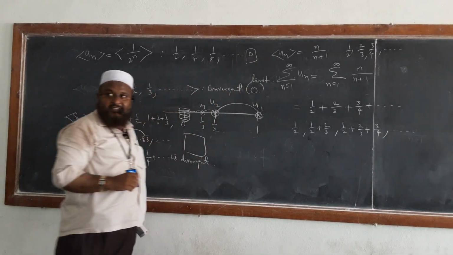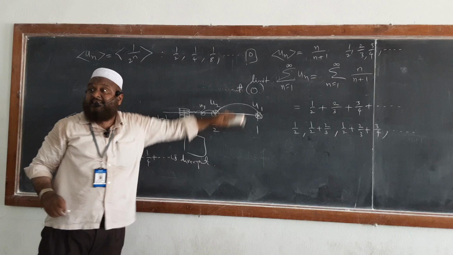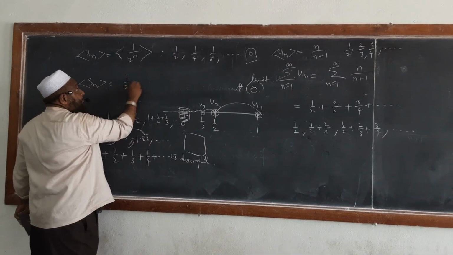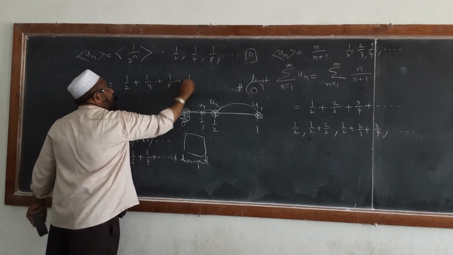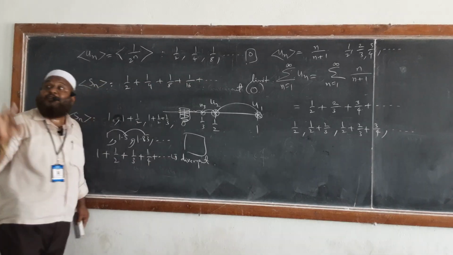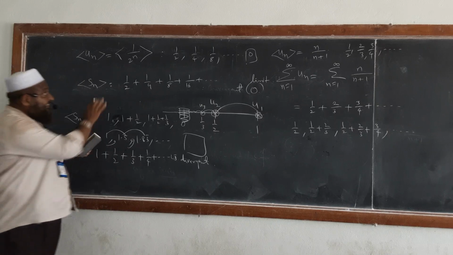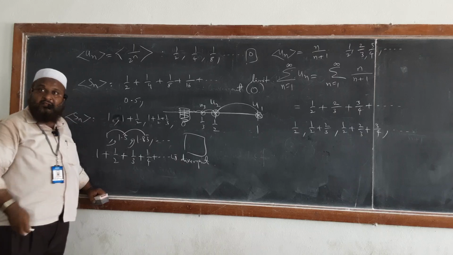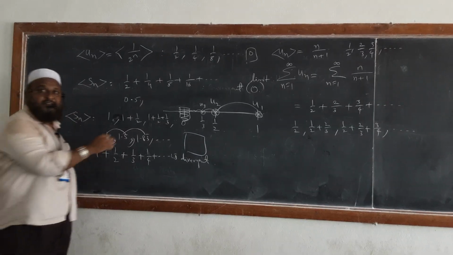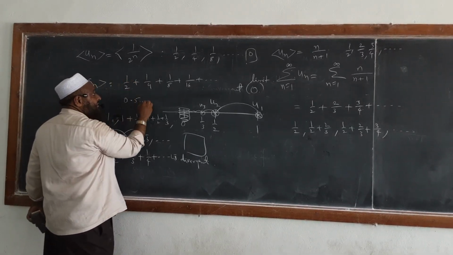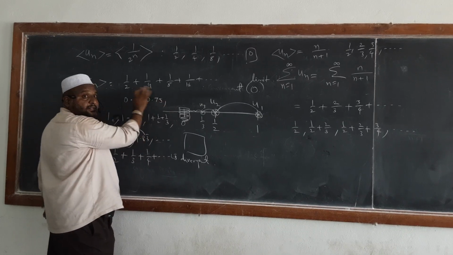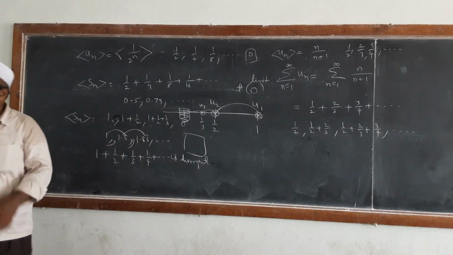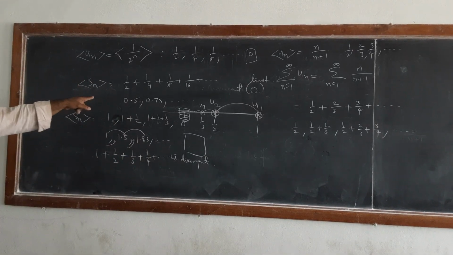This is convergent. But when you go for Sn for this one, what is Sn? You tell me: 1 by 2 plus 1 by 4 plus 1 by 8 plus 1 by 16, and so on. You will be surprised to know that this series, which is 0.5, then 0.5 plus 0.25, is 0.75, and so on.